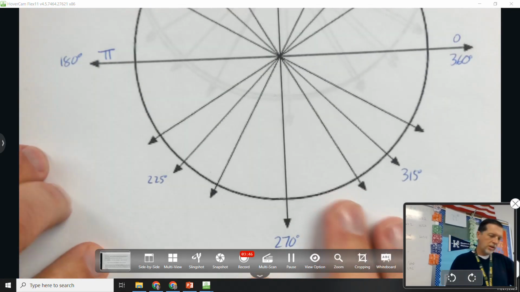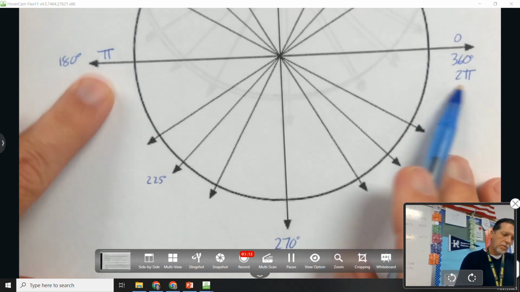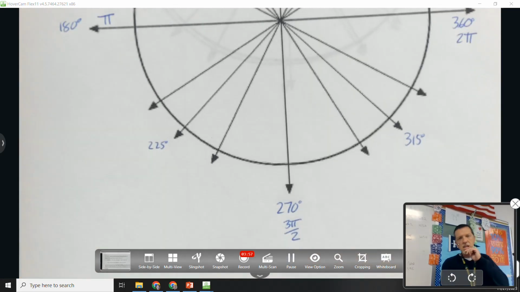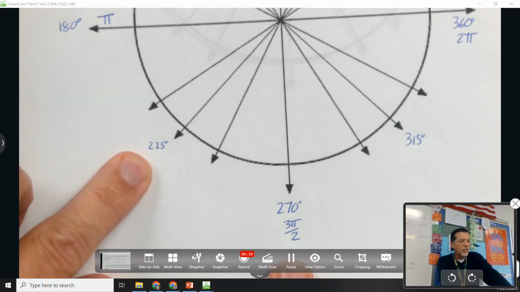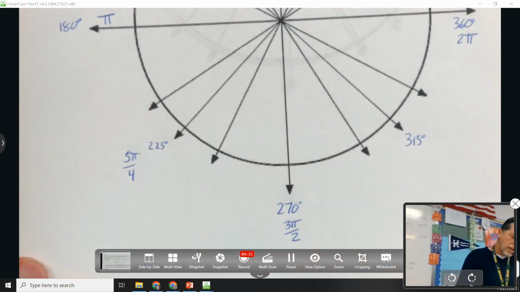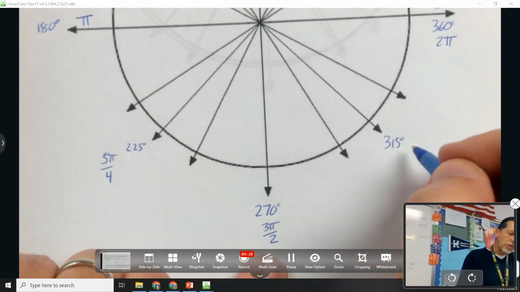And halfway between pi and 2 pi is 3 pi over 2. Then halfway between 1 and 1 1/2 is 1 1/4, but as a fraction, 5 pi over 4. And then on the other side, halfway between 1 1/2 and 2 is 7 pi over 4.